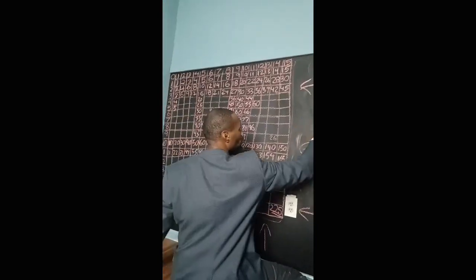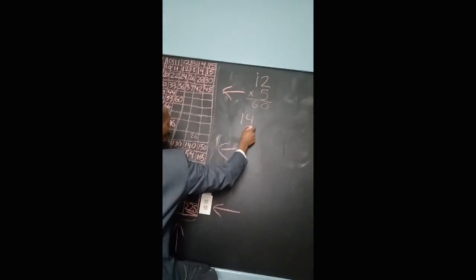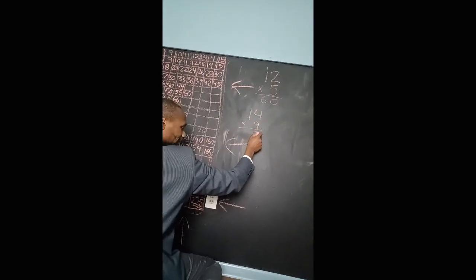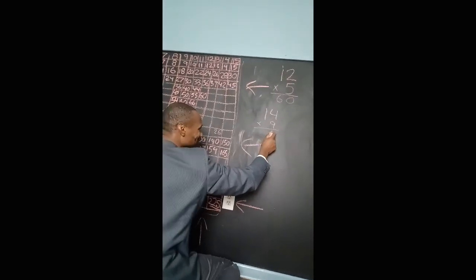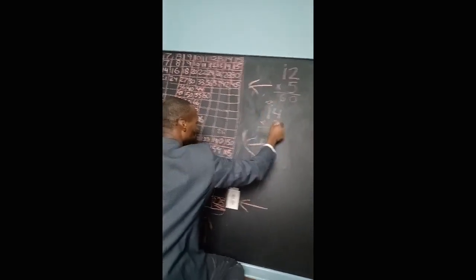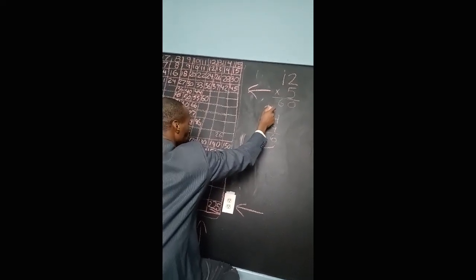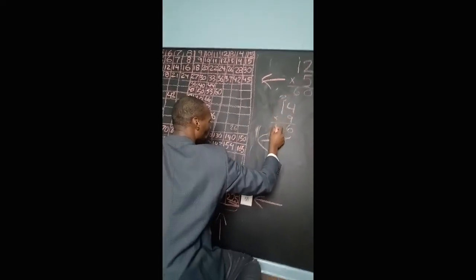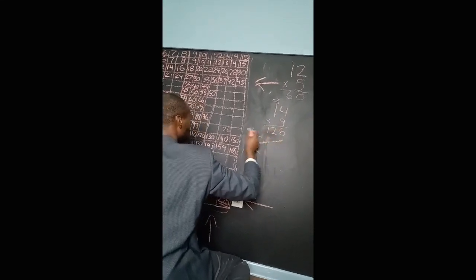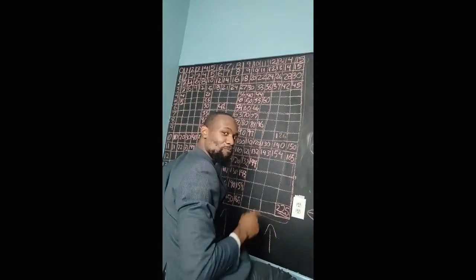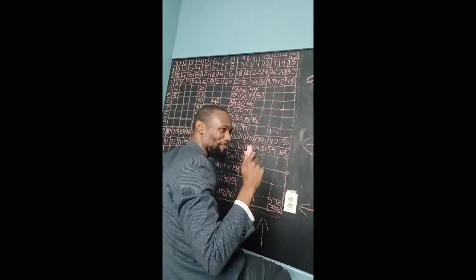Let's do it. 14 times 9. 4 times 9 is 36. 9 times 1 is 9. Plus 3, 9, 10, 11, 12. 126. What did I say it was going to be? Because I sensed a pattern.